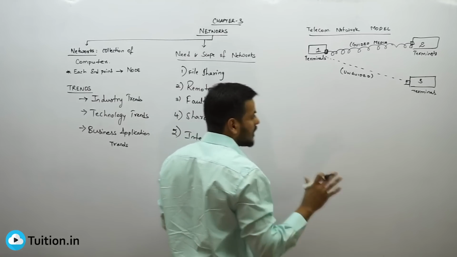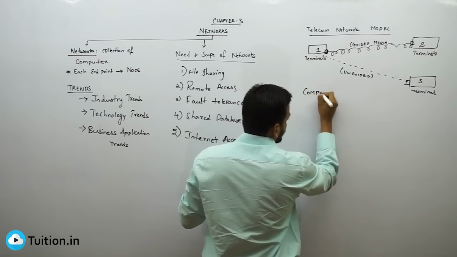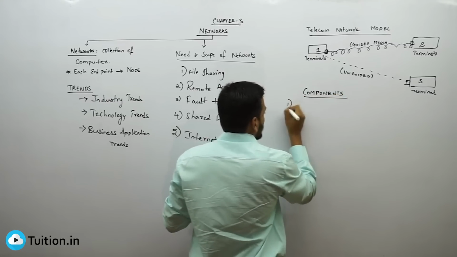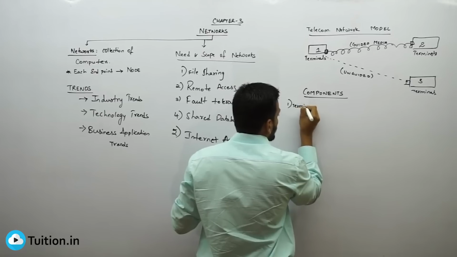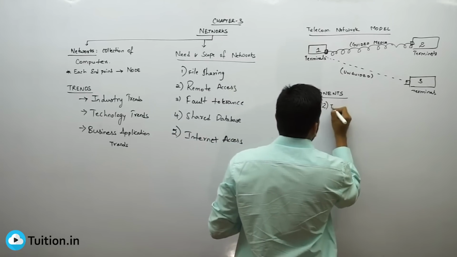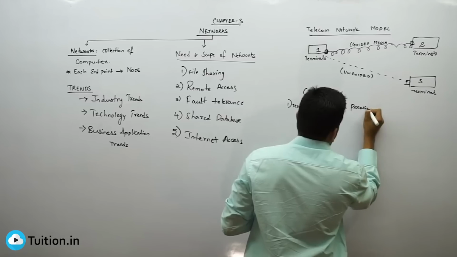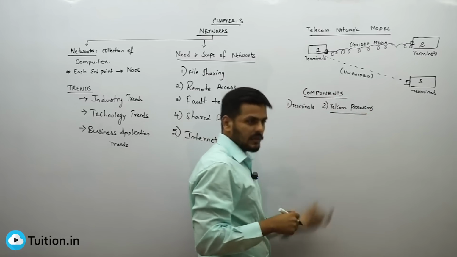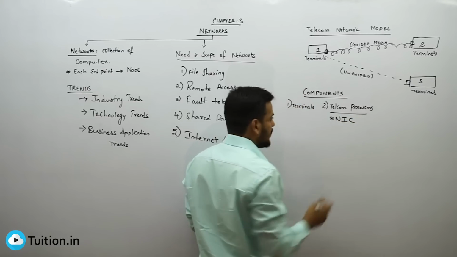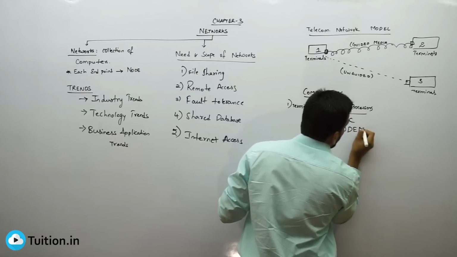Let me take you through the 5 basic components of a network model. So if somebody asks you how a network is constructed, the components are: 1, terminals. Then 2, telecommunication processors, where we have devices called the network interface card, shortly called the NIC. Then we have the modulator-demodulator, which could be a very important short answer question.